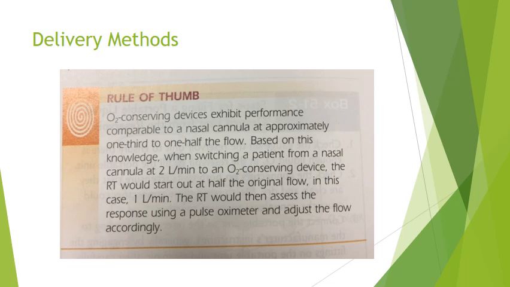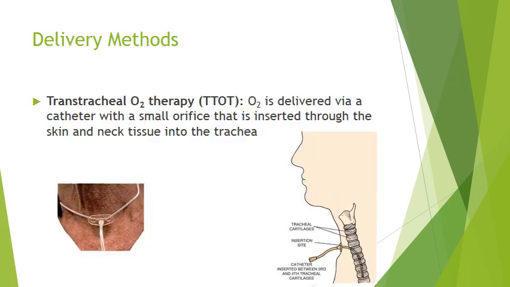For example, if someone was on 2 liters, try them at 1 liter, and then you're going to assess with a pulse ox whether or not you need to adjust the flow up from there to assess tolerance. And as I was saying before, I have a video on this type of delivery method I'm going to talk about next.